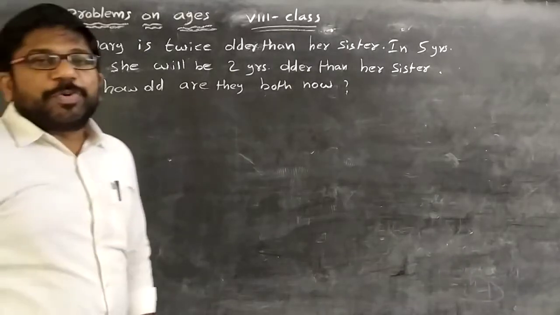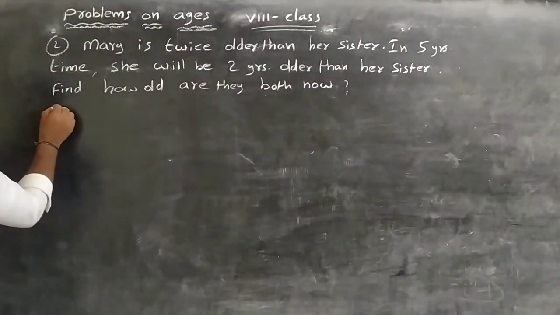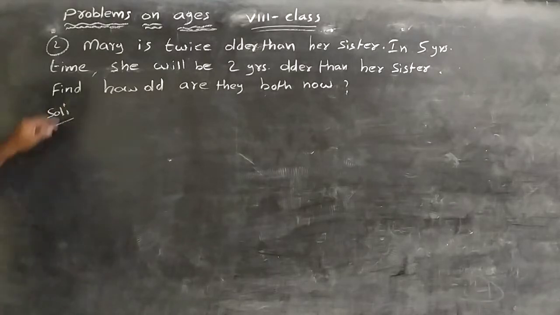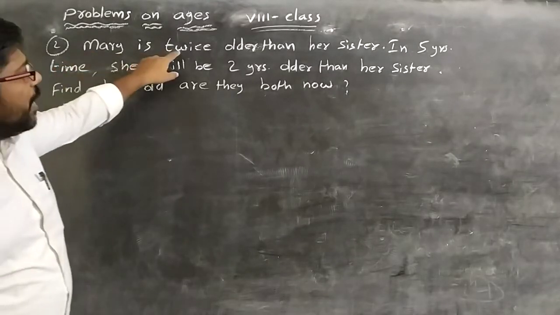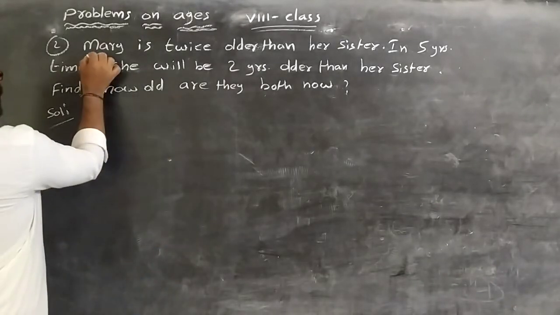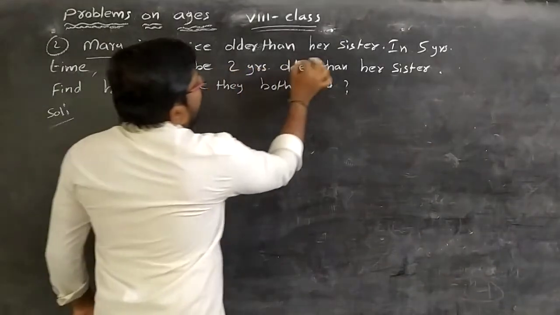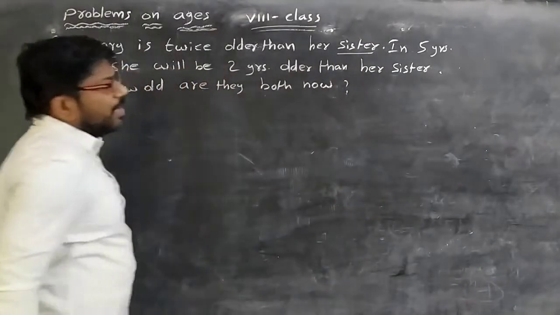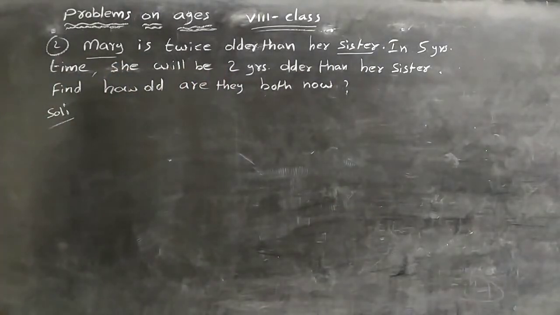Let's go for the next problem. Mary is twice as old as her sister. So there are two persons, Mary and her sister.